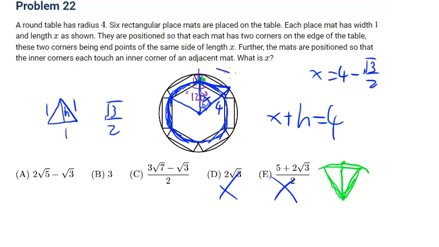The diagonal of this is going to be the square root of x squared plus 1 by Pythagoras.